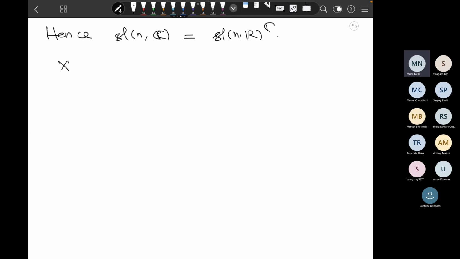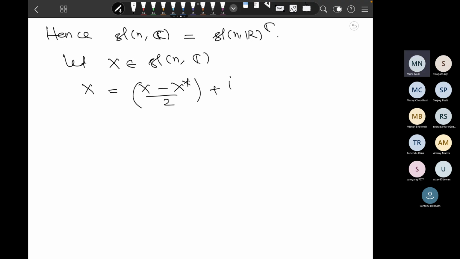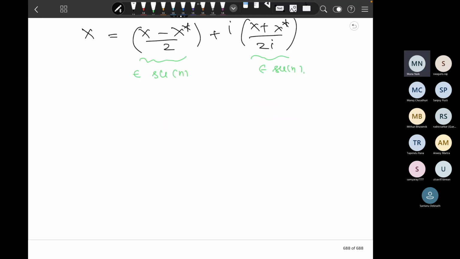And if you look at this, let X belong to SLNC, then you can write X as (X minus X star) by 2 plus i times (X plus X star) by 2i. And this is because, since X belongs to SLNC, you can check that this belongs to SUN, and this belongs to SUN. Okay.